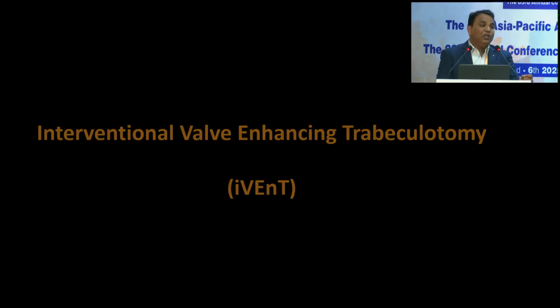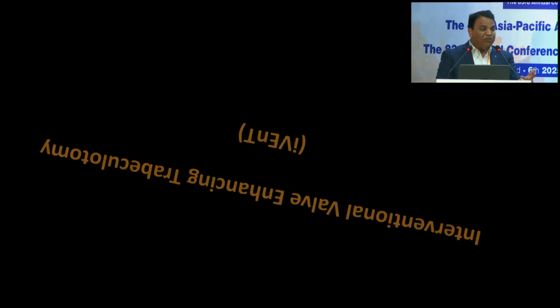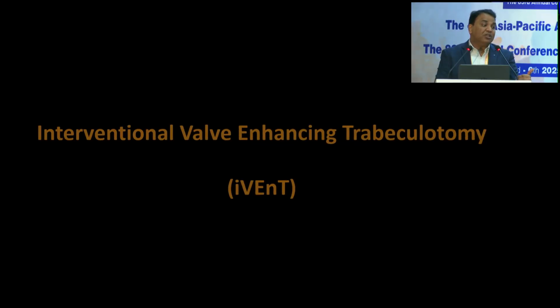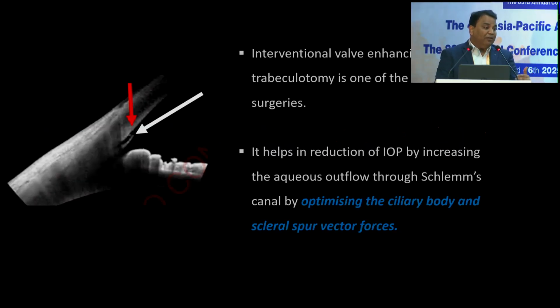So coming to the new surgery called interventional valve enhancing glaucoma surgery. This is probably going to be one of the game changers in MIGS, because it's a very, very new and very, very fascinating surgery. This is a valve enhancing MIGS.